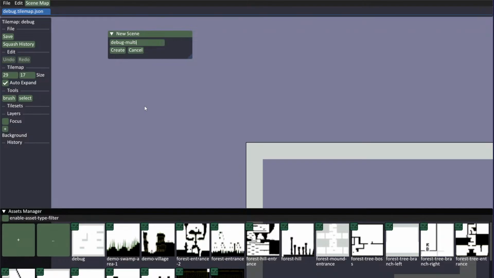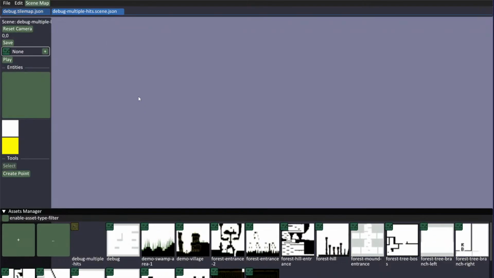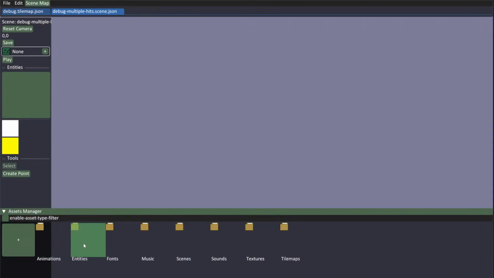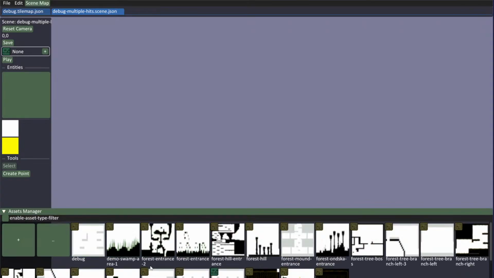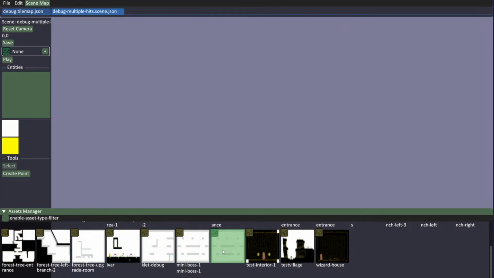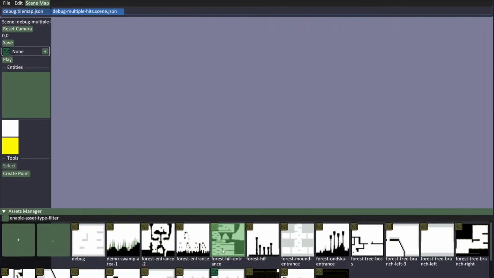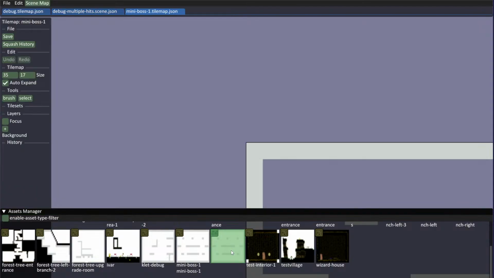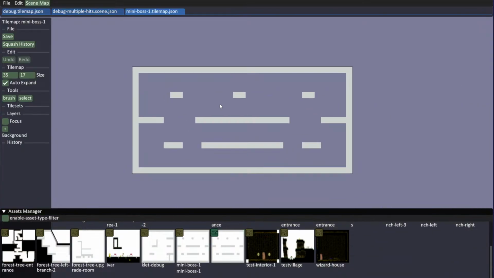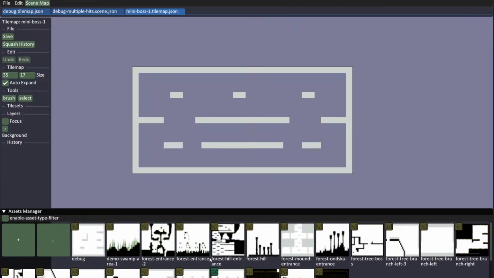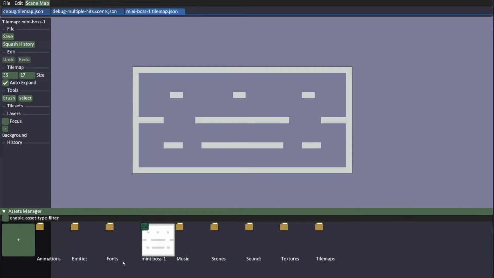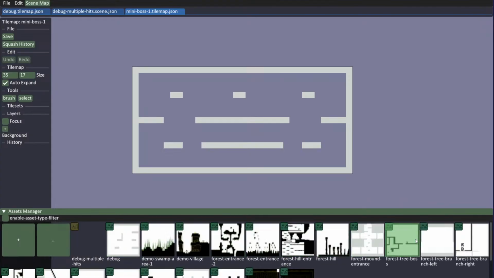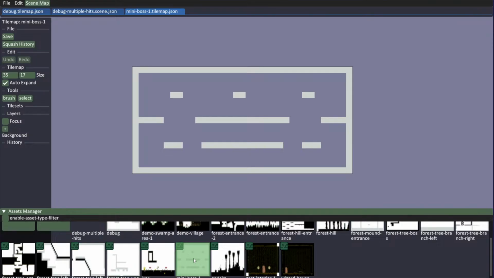Debug multiple hits. Oops. Wait, why is this over? Oh, this is the actual time map. Okay. Wait, no, that's not. Oh, it's the mini boss time map. I see. Yeah, that's right, the mini boss.